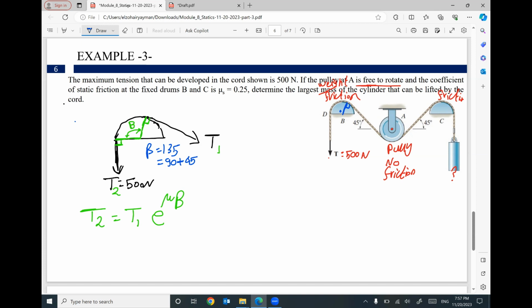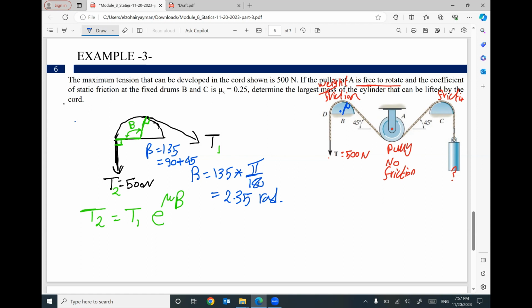So beta will equal 135, but I need to convert 135 to radian. So I will multiply it by pi divided by 180. So the value will be 2.35 radian.